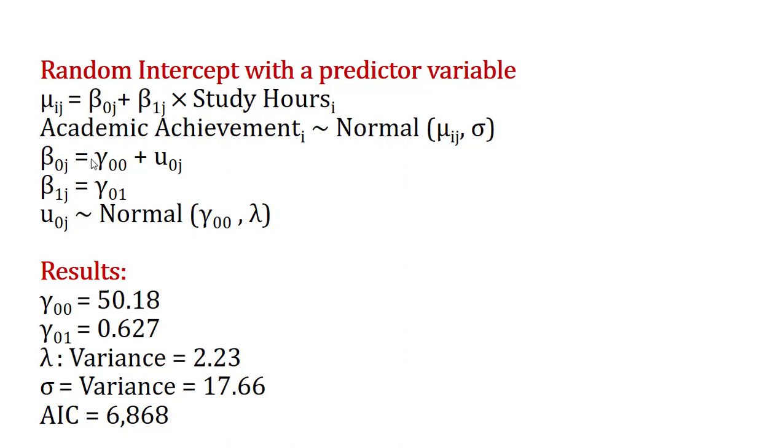The beta zeros come from this deterministic formula, which is some fixed effect, close to the mean of the sample (as we saw, it's not exactly the same, but it's close), plus the differences between the intercept of each group and the intercept of the whole sample.